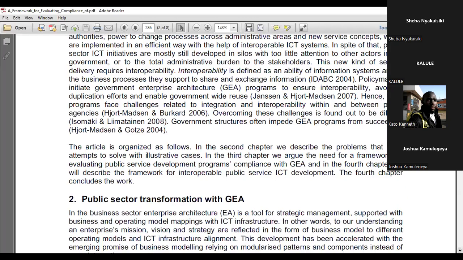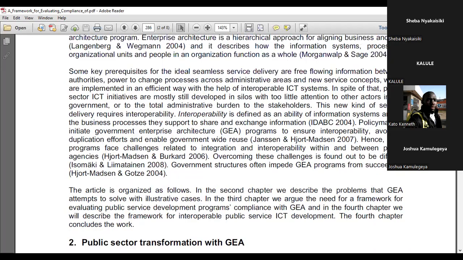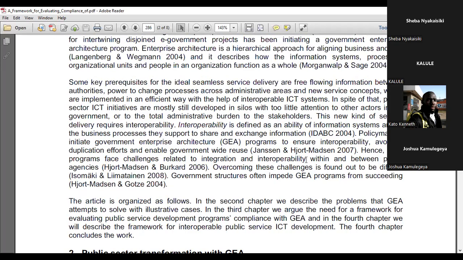Hence, GEA programs face challenges related to integration and interoperability within and between public agencies. Overcoming these challenges is found to be difficult. Government structures often impede GEA programs from succeeding. This is the issue that they are trying to bring about, the issue of interoperability within and between public agencies.